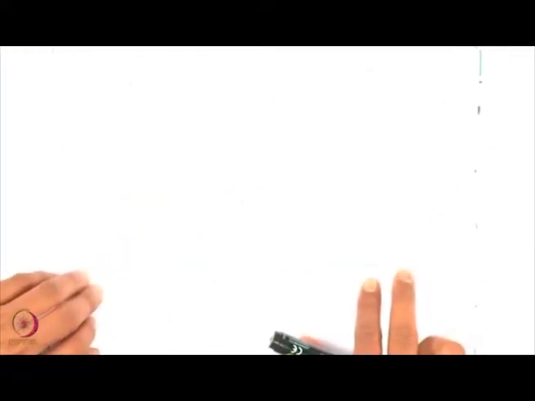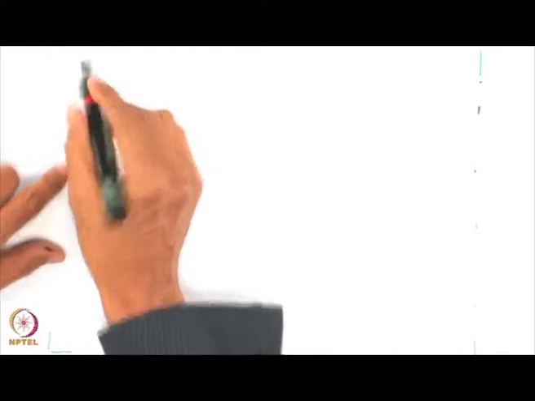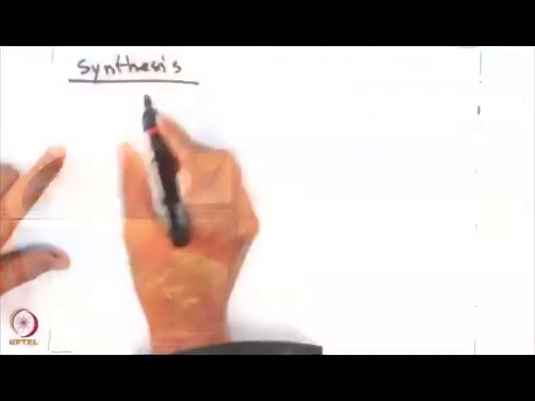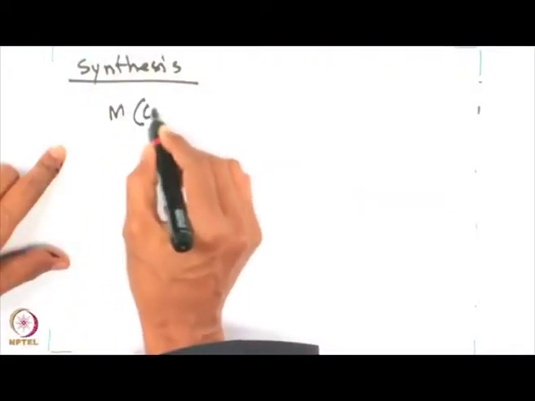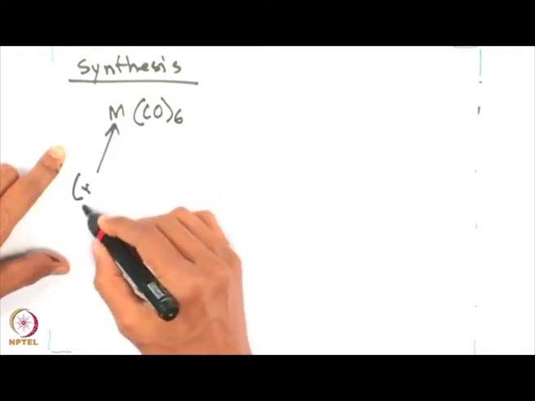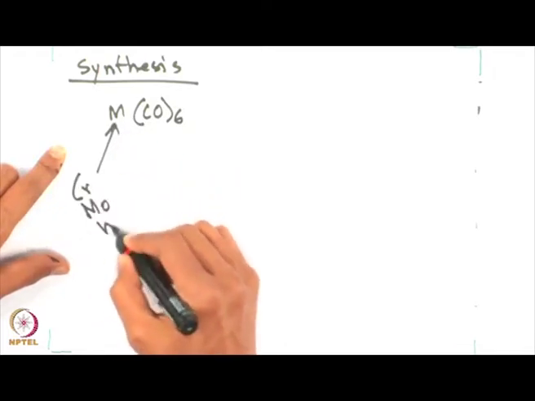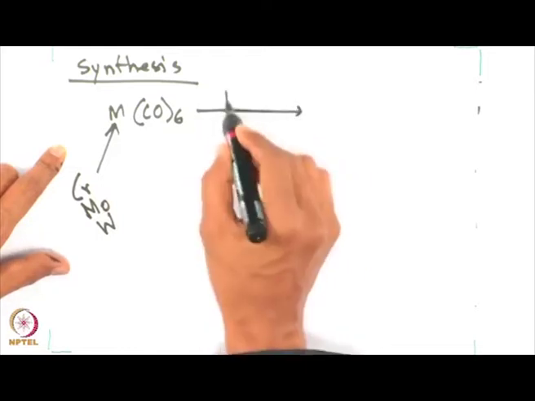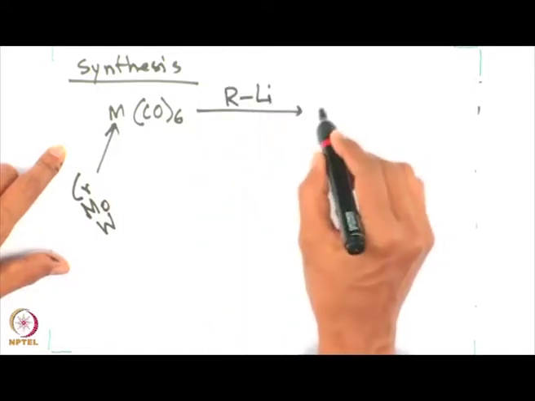Now, let us look at the synthesis of this carbene. Synthesis of the carbene is quite interesting and straightforward, I would say. Let us say you have a metal hexacarbonyl species. This metal, as we were saying, could be chromium, molybdenum, tungsten and so on. You can react it with an organolithium reagent.